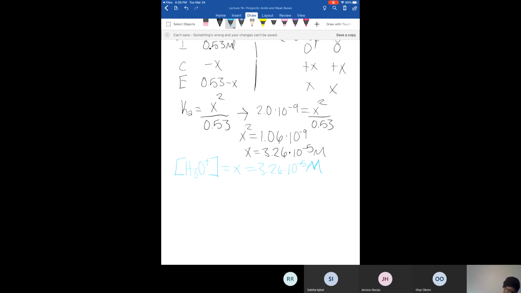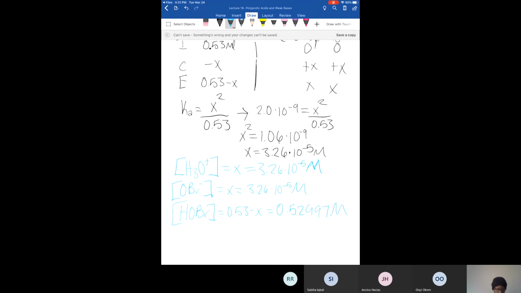And OBr minus is the same. And your HOBr is roughly still 0.52997.